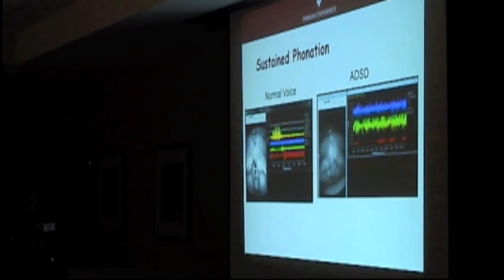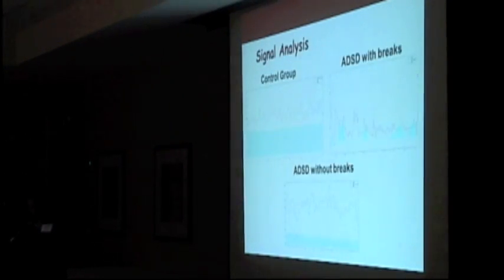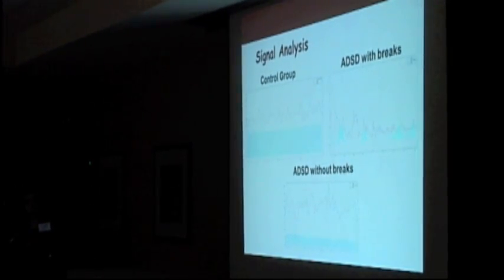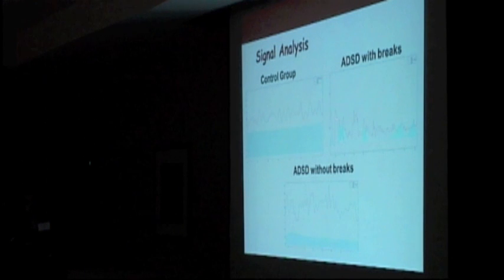This is unprocessed EMG. This is the thyroarytenoid muscle, and this here is the cricothyroid muscle. So what we see here is that in individuals with adductor spasmodic dysphonia, we were able to identify these muscle spasms prior to the voice break.